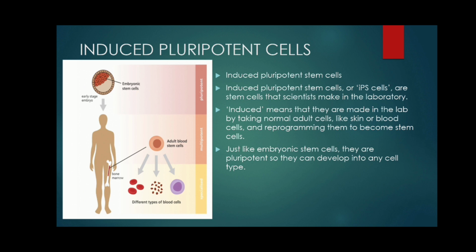Next one is the induced pluripotent cell. These are the stem cells which are also known as iPS cells, and these cells are produced by scientists in the laboratory. Induced means because they are produced, not by natural means but by humans, that's why they are induced.